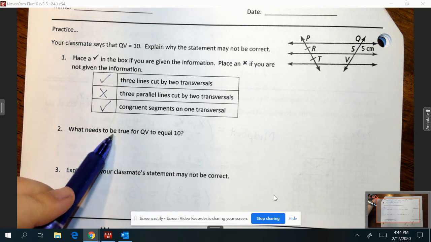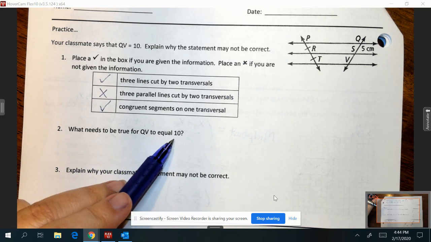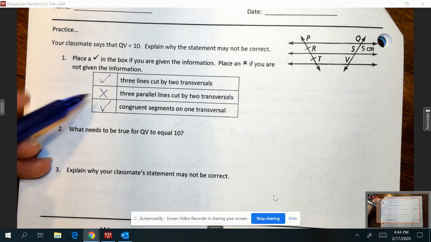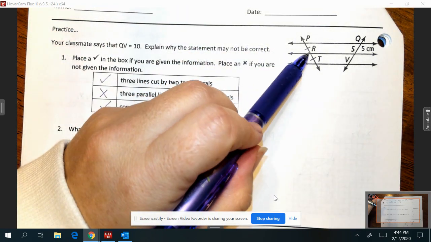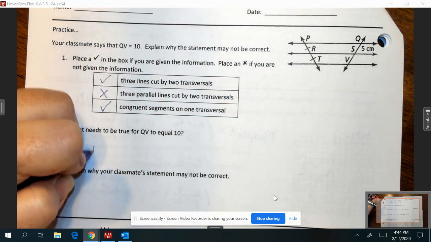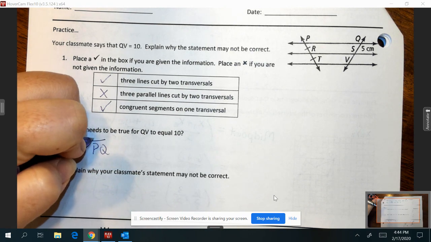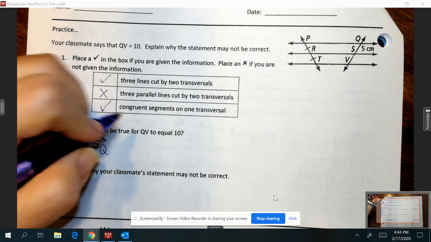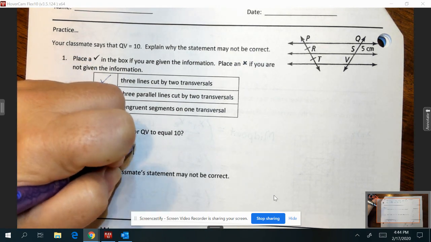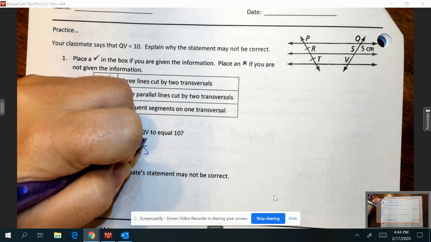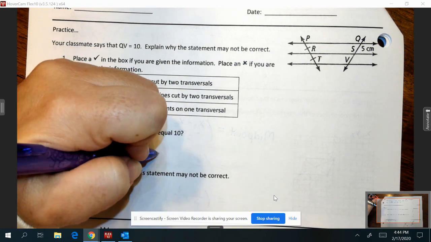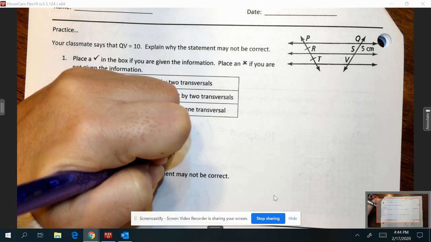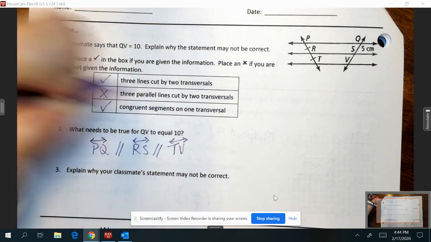Okay, so what needs to be true for QV to equal 10? It's this piece right here. We need to have 3 parallel lines. So we need PQ to be parallel to RS, and we need RS to be parallel to TV. So all the lines are parallel.